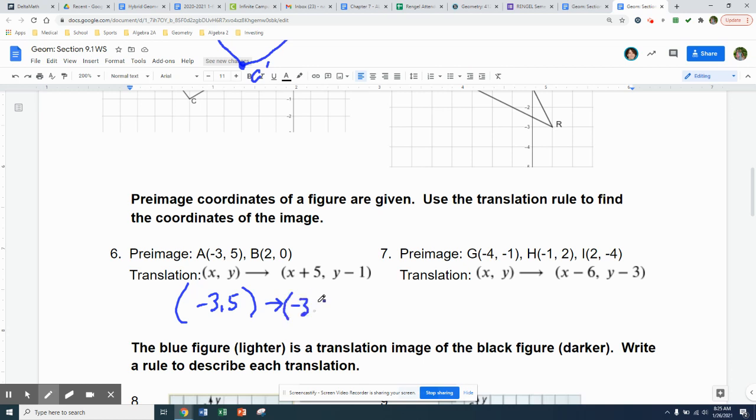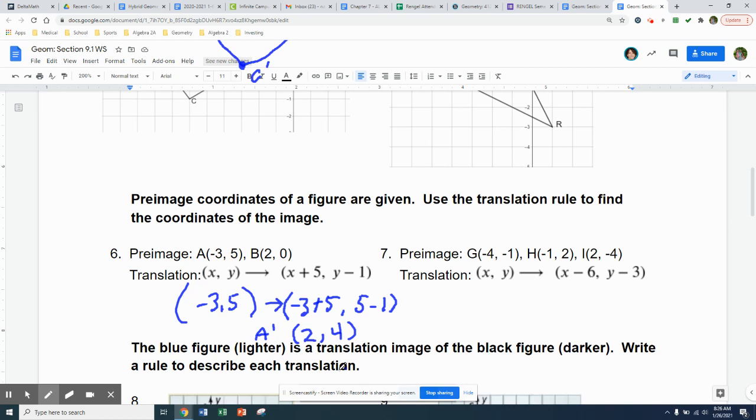So that would be taking your -3 plus 5 and taking your y coordinate, which is 5, and then subtracting 1. Now, you don't need to show all this work like I am, but you can probably do that in your head. But there would be your image point. So your A prime is going to be at 2, 4. So we're going to move the x coordinate to the right 5. We're going to move the y coordinate down 1 technically, which would bring me to 2, 4.